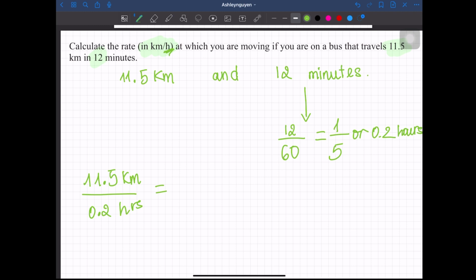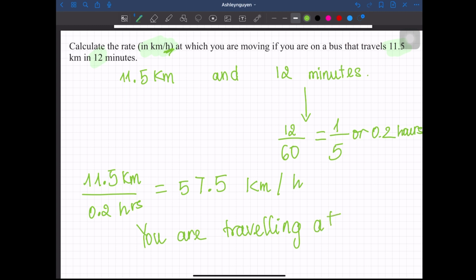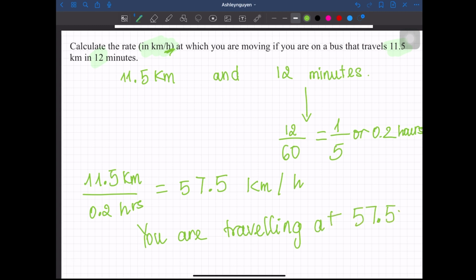Using the calculator, you will have it's equal to 57.5 kilometer per hour. So interpreting your answer, you are traveling at 57.5 kilometer per hour.